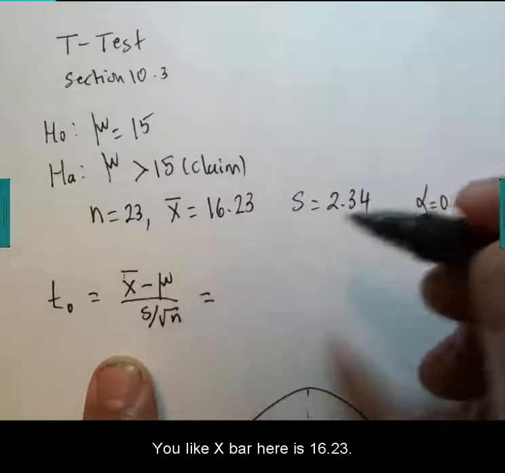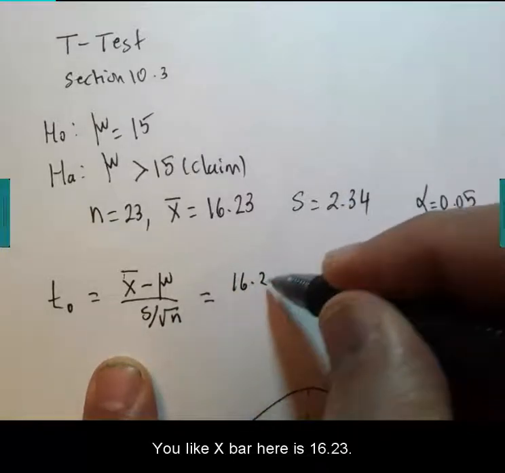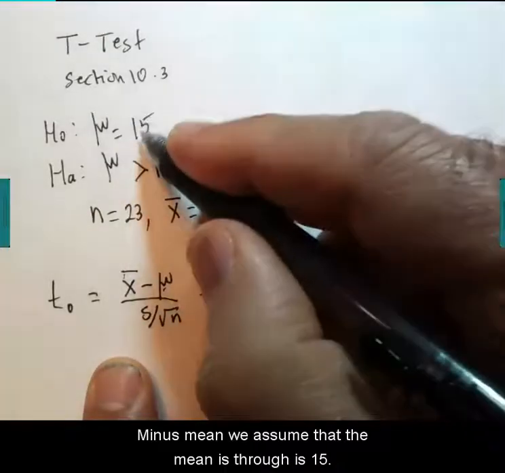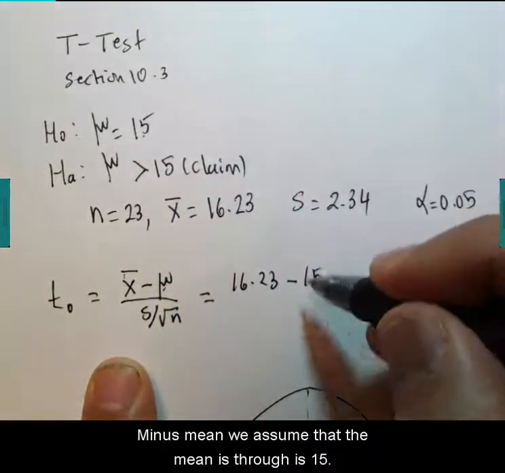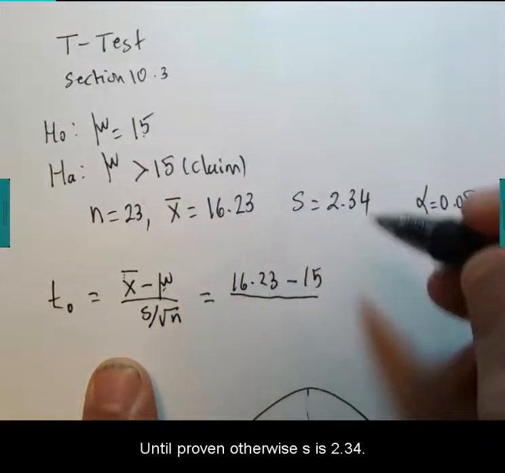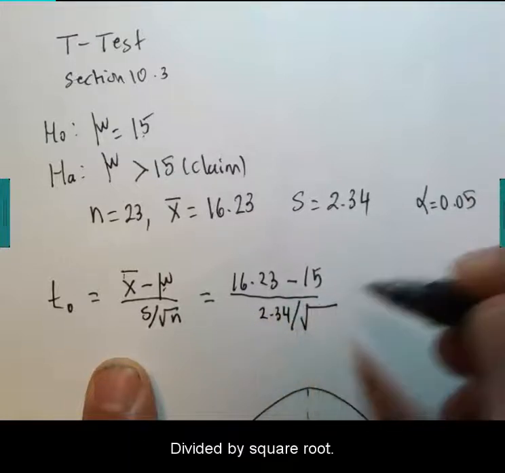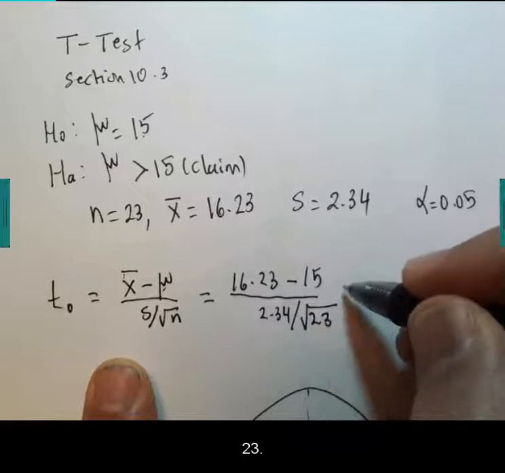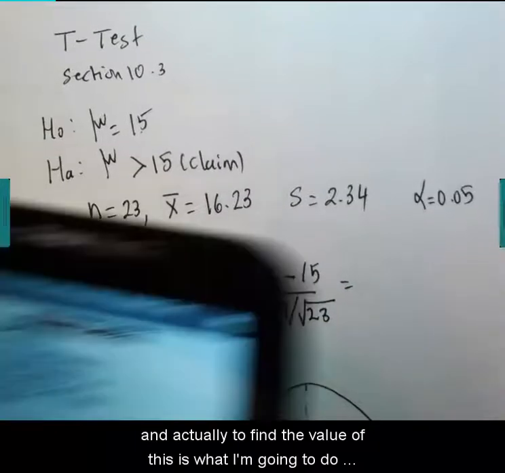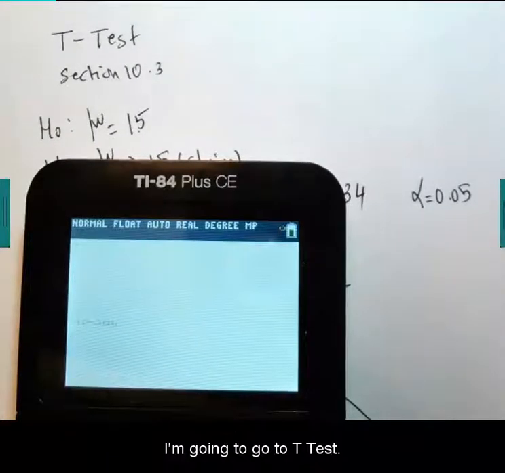If you like, x bar here is 16.23 minus the mean. We assume that the mean is true, is 15 until proven otherwise. S is 2.34 divided by the square root of 23. And actually, to find the value, this is what I'm going to do. I'm going to go to t-test.